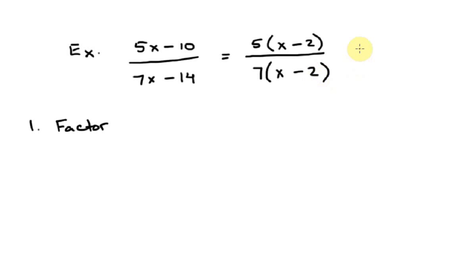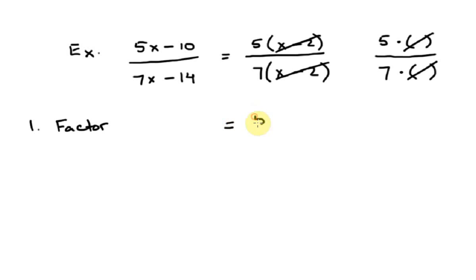What you have now technically looks like this: 5 times this little bundle, and on the bottom 7 times the same little bundle. Because we're multiplying things together on the top and on the bottom, these bundles can be canceled. In other words, I can just cancel off the whole bundle. So my answer is 5 over 7.